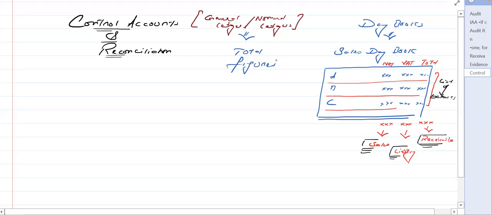So any T account, any ledger where we have the total figure of the receivable, the total figure of the payable, or even the total figure of the sales or the VAT, is known as the general ledger or the nominal ledger. And we can also relate it with the control accounts.